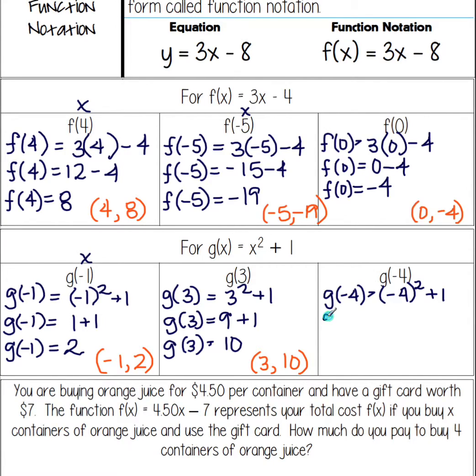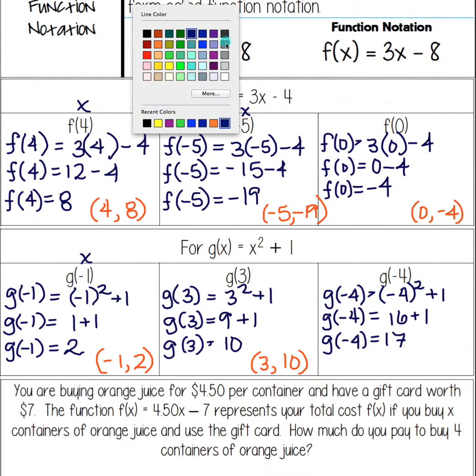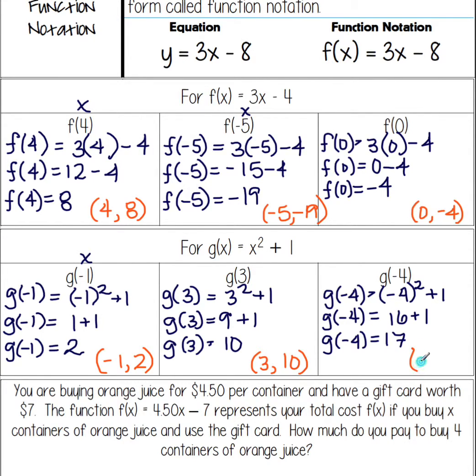So g of negative 4 equals negative 4 squared, which is the same as negative 4 times negative 4, which gives you a positive 16, plus 1. So g of negative 4 is 16 plus 1, which is 17. So our input was negative 4 and our output was 17.